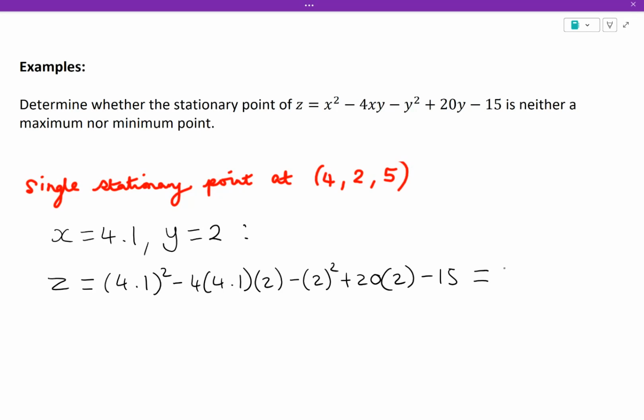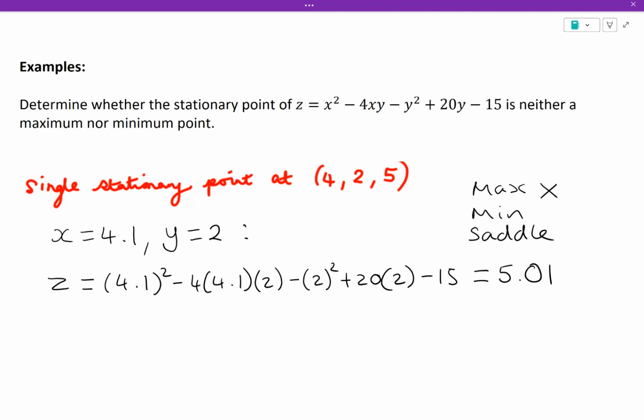Again, it comes out as 5.01. So in this direction where I made this little change to the x-coordinate, the z-coordinate has increased. Because the z-coordinate has increased, we can already rule out that this is a maximum point. Maximum point is no longer possible.